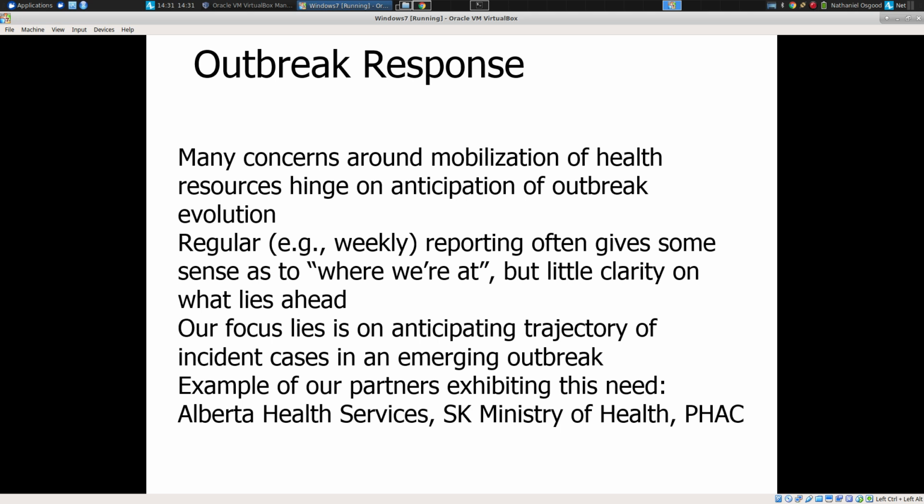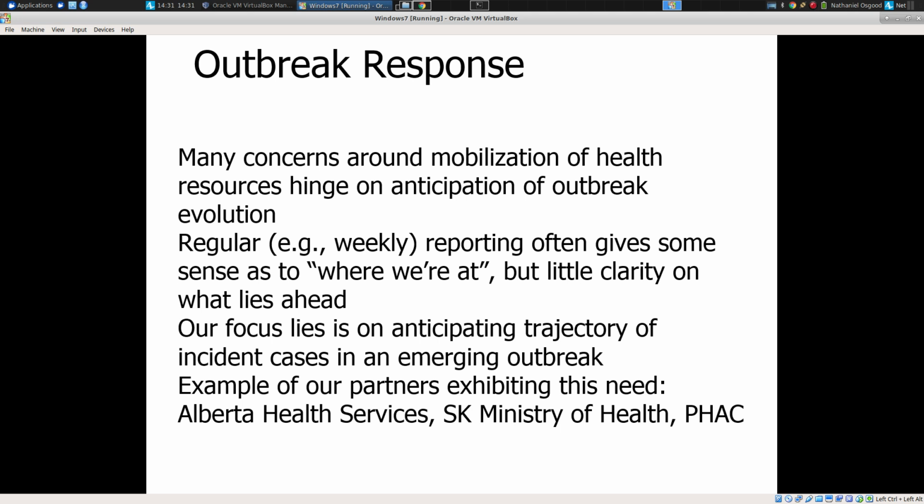But fundamentally, health authorities have real challenges in responding effectively to outbreaks, particularly outbreaks of new and emerging infectious diseases, things like H1N1, or newer infections like SARS or MERS, which have big unknowns associated with them.